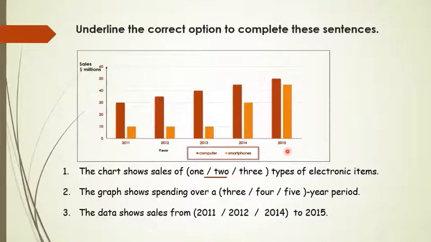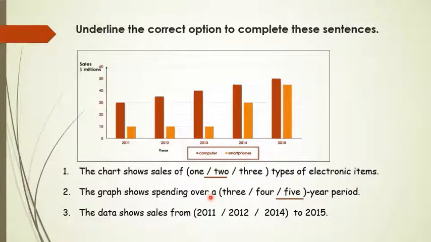How many years are there? 1, 2, 3, 4, 5. So a 5-year period. You could say a chart or a graph; both are the same idea. So the graph shows spending over a 5-year period.